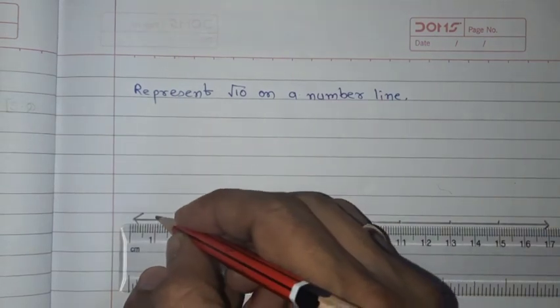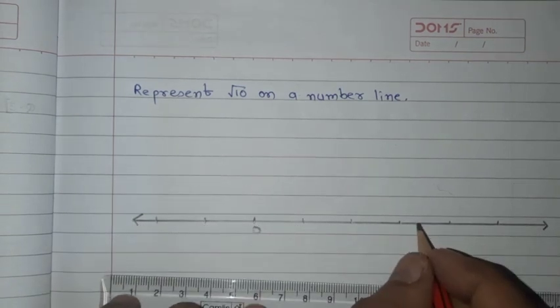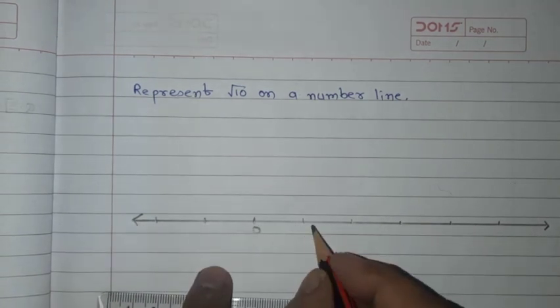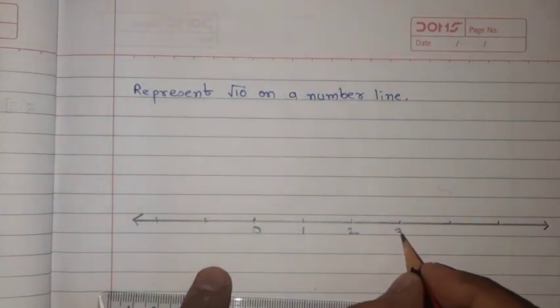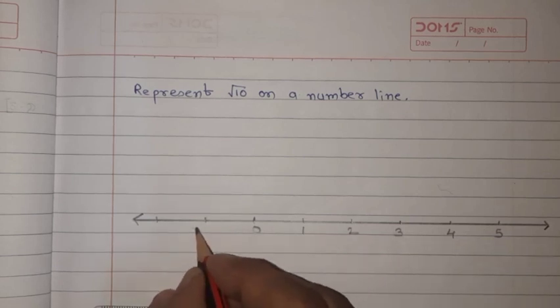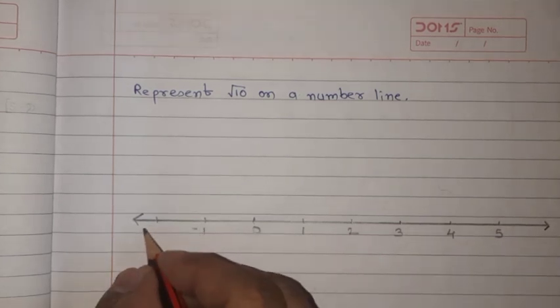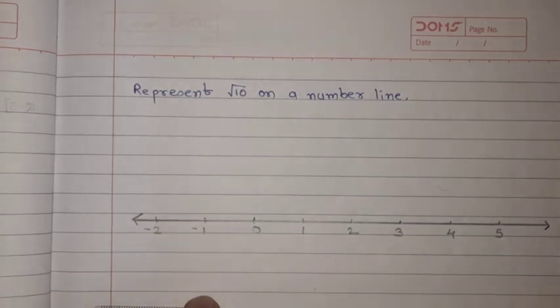Here for our convenience we are taking it as 2 centimeter. Now dear students, here it is 1, here it is 2, 3, 4, here it is 5. On this side we are taking -1 and -2, like this.